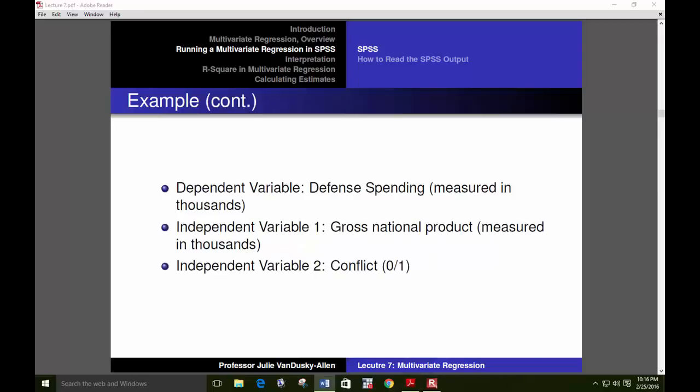In both cases, defense spending is the dependent variable. It is measured in thousands of dollars, and we have two independent variables, GNP and conflict. GNP is measured in thousands of dollars, and conflict is measured as a 0 or 1. 0 means a country is not involved in a conflict. 1 means a country is involved in a conflict.